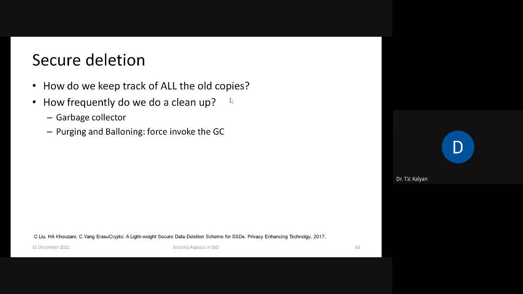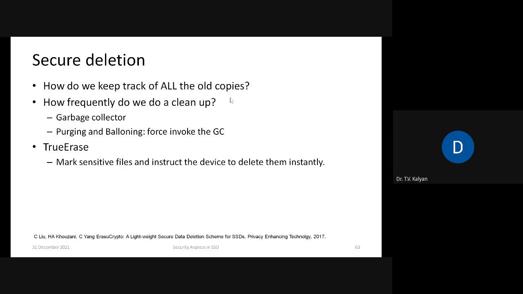So effectively it impacts the life. So we need to carefully tread this decision on when to invoke the garbage collector, how frequently we have to invoke it, etc. So purging and ballooning are a couple of techniques proposed in this line.